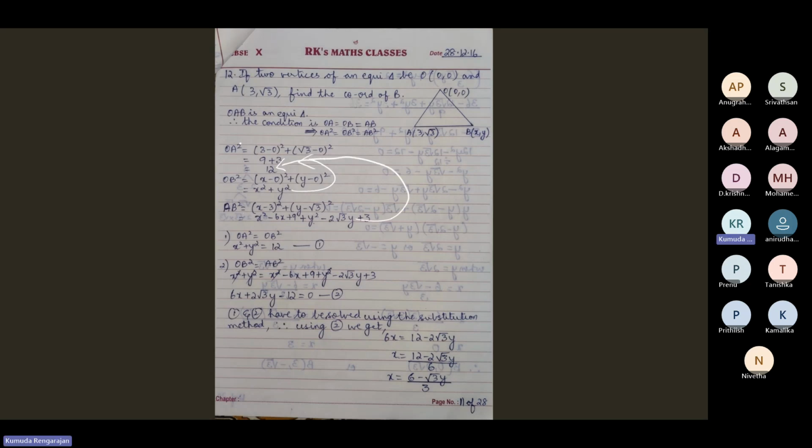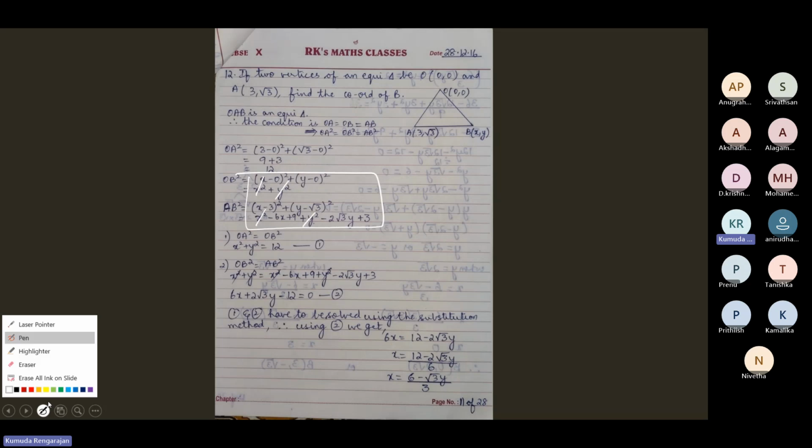Instead of doing OA square is equal to AB square, look at the expression. That's what I said earlier. You must look at the expressions and decide which to equate. You have to equate these two because only then x squared, y squared, x squared, y squared will get cancelled and you'll get a simple equation.